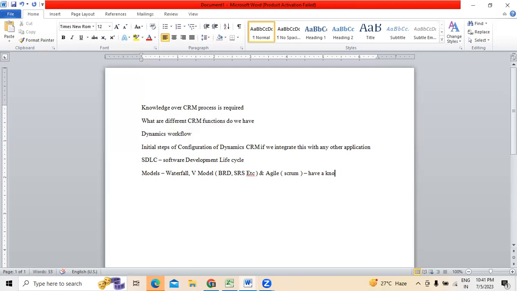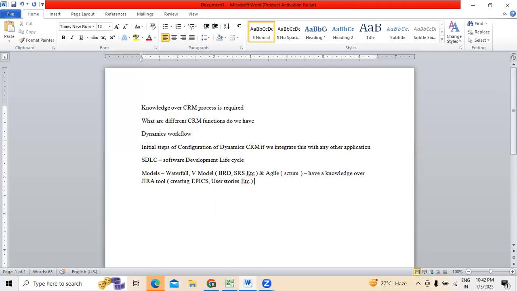knowledge over the Jira tool, creating epics, user stories, etc. This sort of knowledge is needed because when there is a transformation from the role of a BA in an agile environment, mostly the business analyst will work as a product owner.